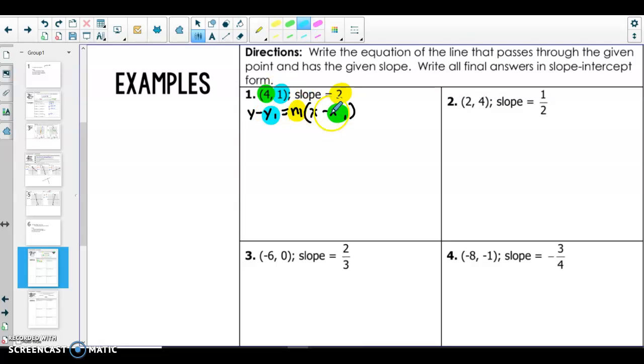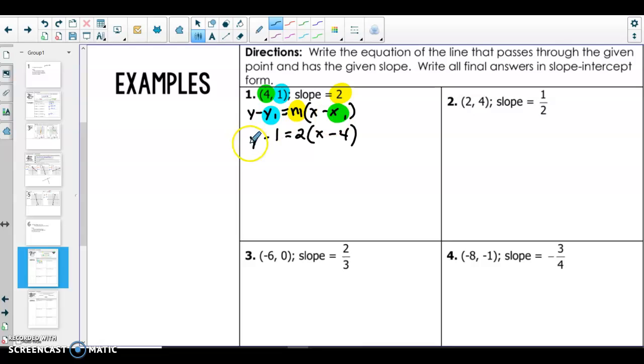We will be subtracting both of these, so be careful with your signs. Since these are both positive, we're going to have y minus 1, and this is going to be x minus 4. Let's go ahead and plug it in and see what happens. So we have y minus our y value, which is 1, is equal to our slope of 2, times x minus our x value of 4.